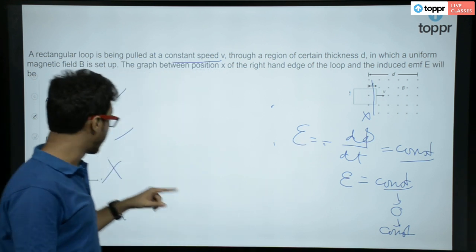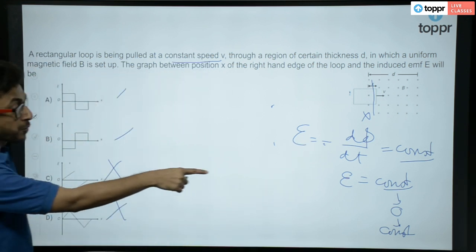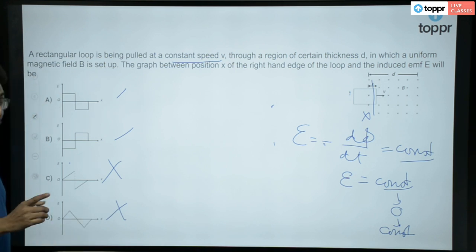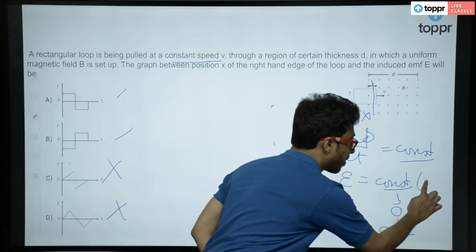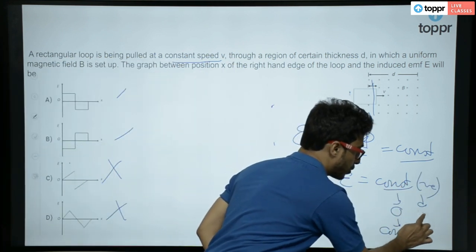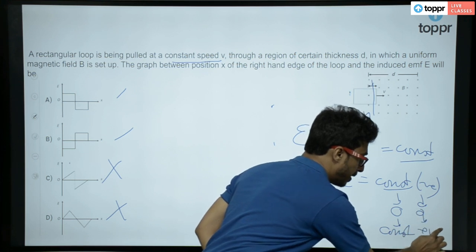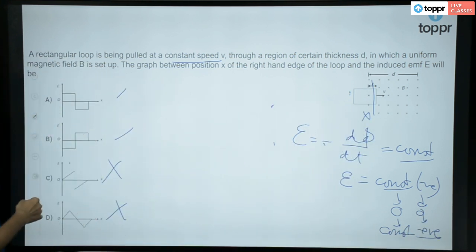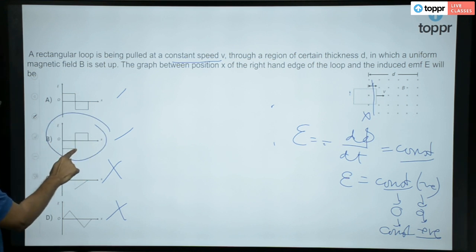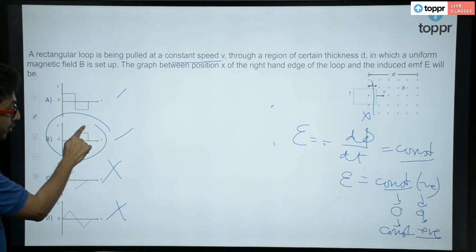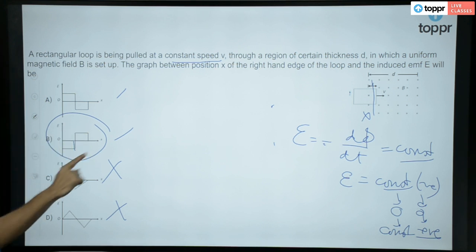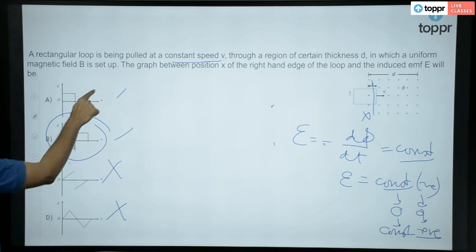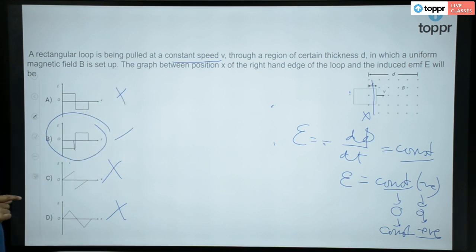So first it will be negative, then it will be 0, and then positive. Definitely this will be the answer: constant negative, then coming to 0, and then constant positive, because it is minus d phi dt. This cannot be the case.